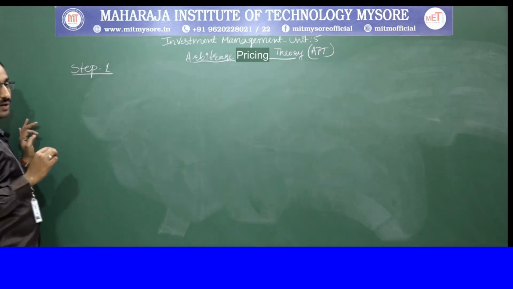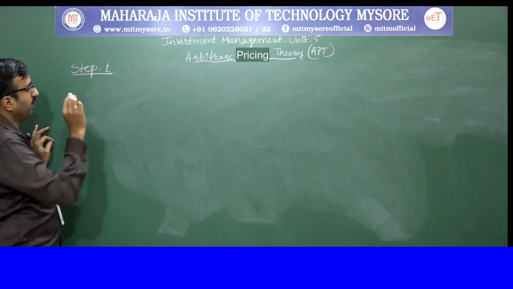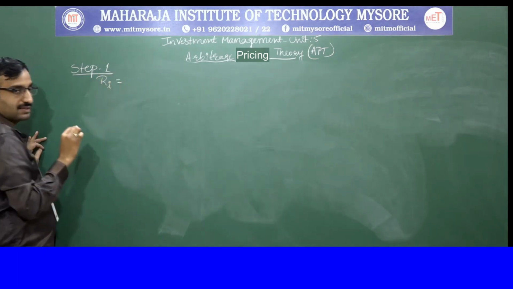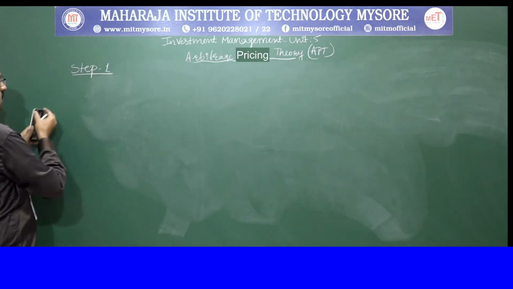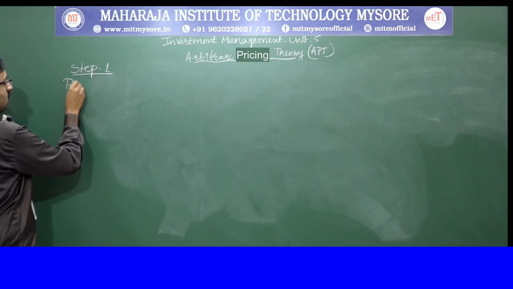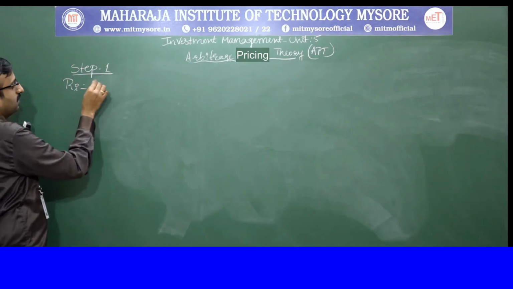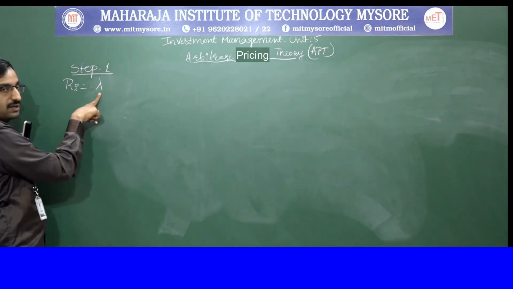Okay. So, in step 1, we go with the mean return, that is Ri. We take this into lambda, this is the symbol of lambda.